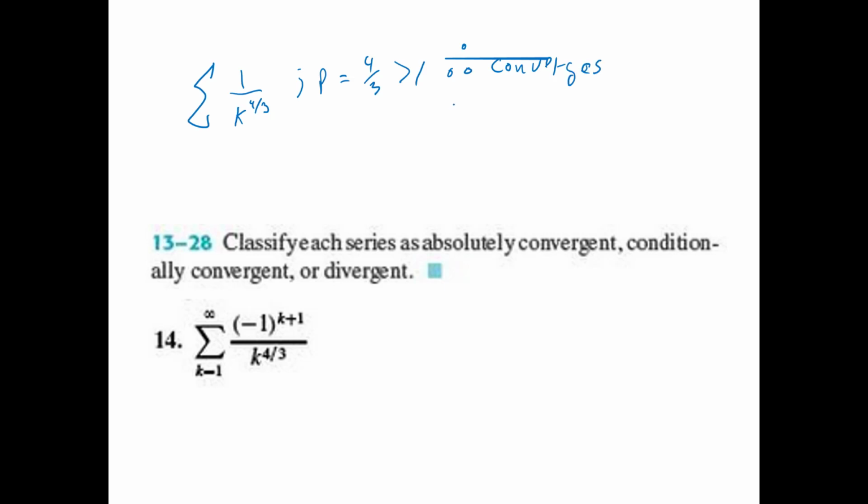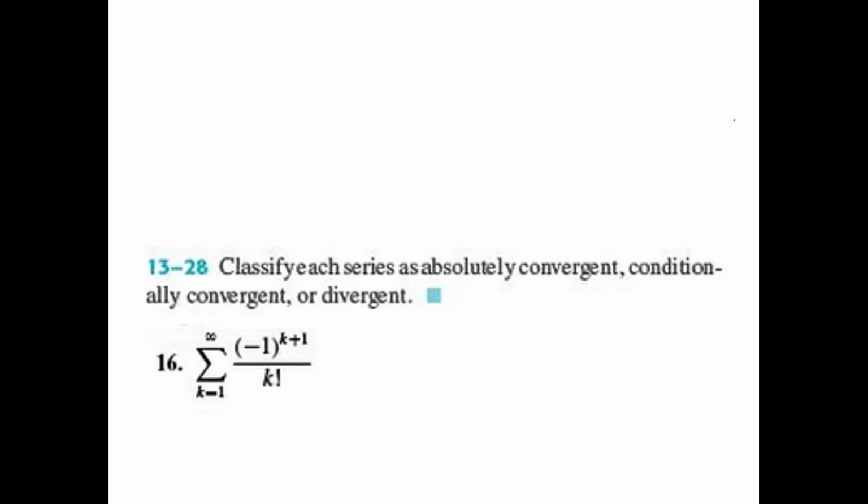Okay, and so therefore, it converges absolutely, and you're done. If it converges absolutely, it's convergent. If it doesn't converge absolutely, it might converge by the alternating series test and be conditionally convergent, or it might be divergent. But once it converges absolutely, then you're done.